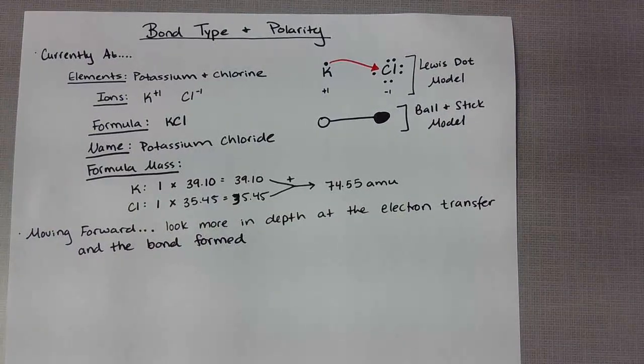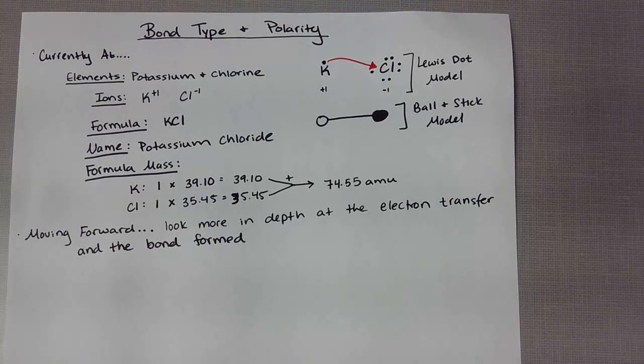We haven't looked that in depth yet. We've just said electrons move. When they move, they make a bond. For our purposes, all bonds have been treated the same. From here on out, we have 3 different types of bonds that we are going to be able to refer to. And these are going to be our 3 big vocabulary words for the second half of this unit.